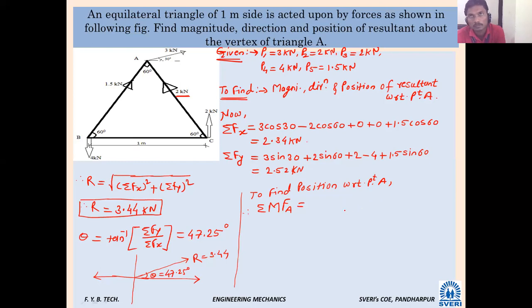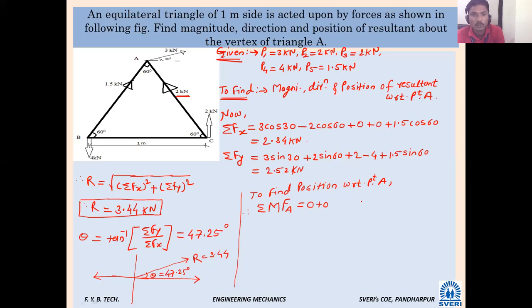It will be 0, because it is passing through that point. Next force, 2 kilonewton, along the side of the equilateral triangle. That will also be 0.